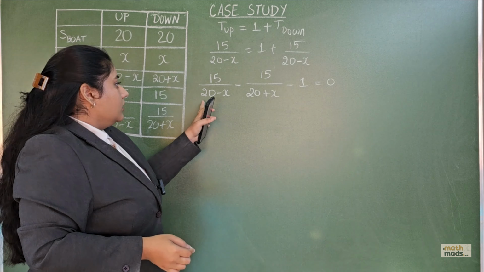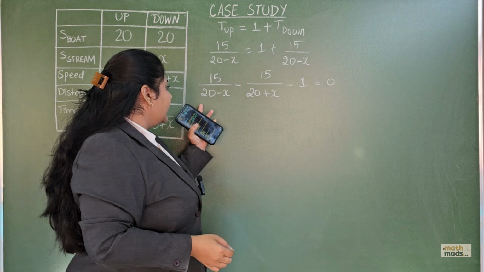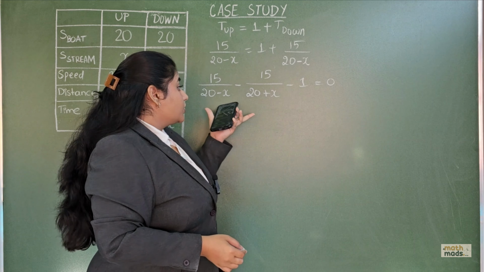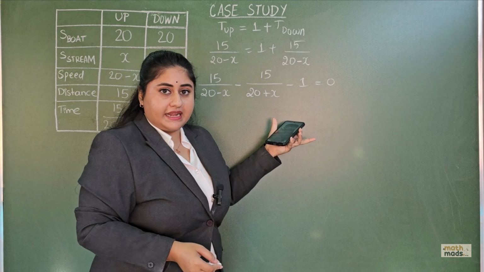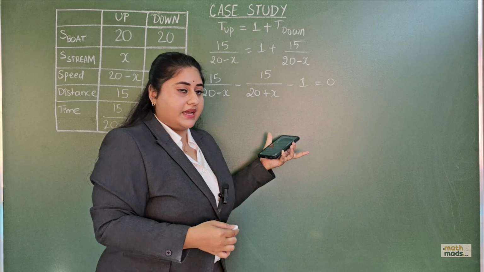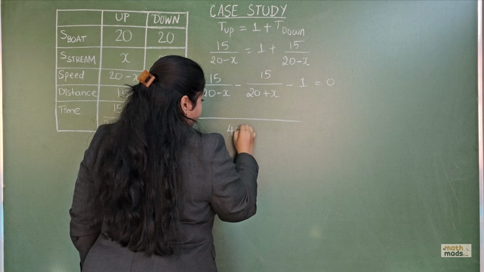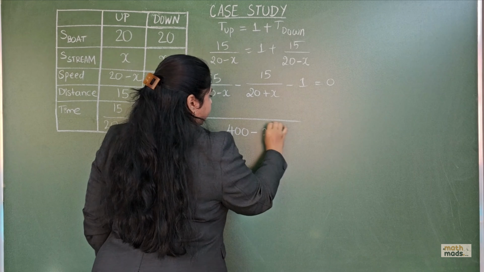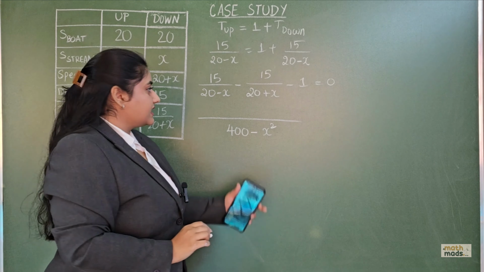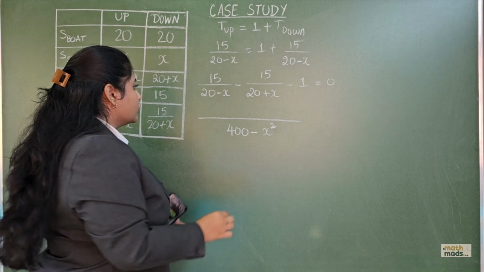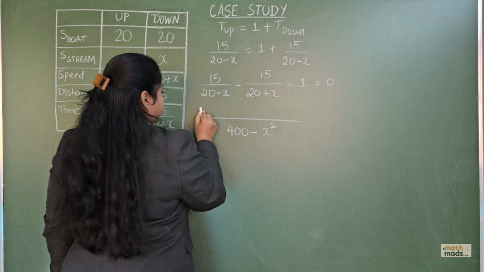Now look at the denominators here, 20 minus x and 20 plus x. If I take the product of a plus b and a minus b, what do I get? a square minus b square. So that is nothing but 400 minus x square, that is 20 square minus x square. Now I have to multiply the same thing with the numerator also. I mean 15 into 20 plus x.